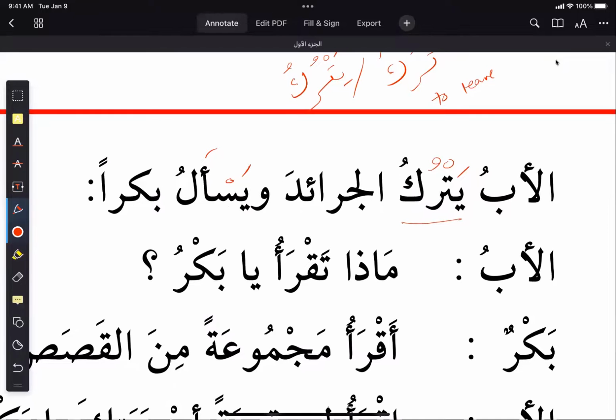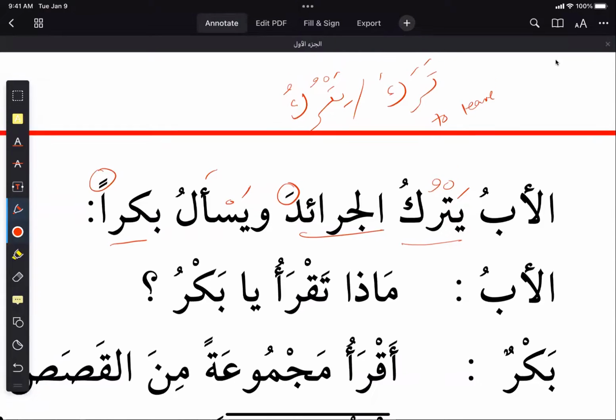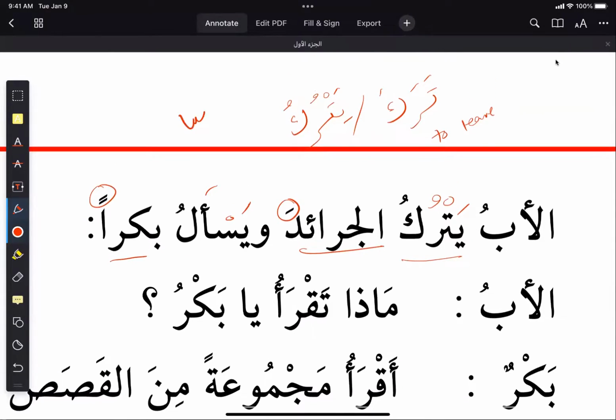Wa yas'alu bakran. Okay, so you pay attention to these grammars. This is an object, and this is also an object. And what is yas'alu? Sa'ala, and then yas'alu.